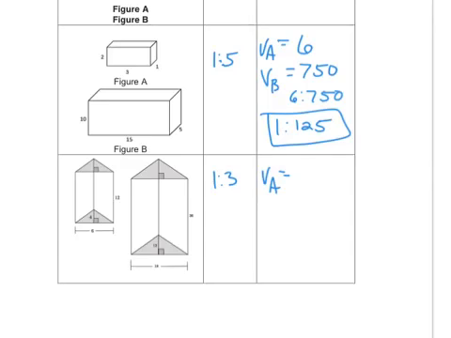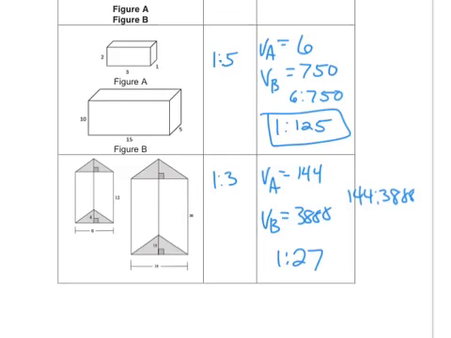So that ends up being 144. And then the volume of the larger one, using the same formula, ends up being 3,888. So taking their ratio and reducing that down, it's 144 to 3,888, and that reduces down to 1 to 27.